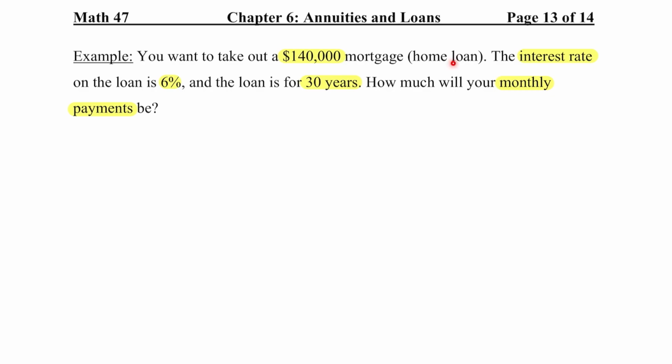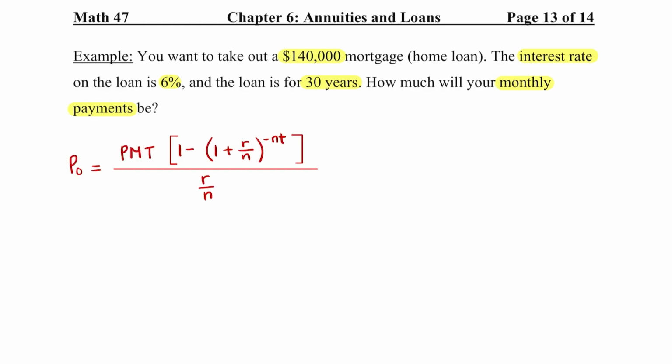So this is about the home loan and making payments. So I'm going to use my loan formula. In this formula, P of 0 is the balance in the account at the beginning. In this case, that is my original loan amount, which is $140,000.